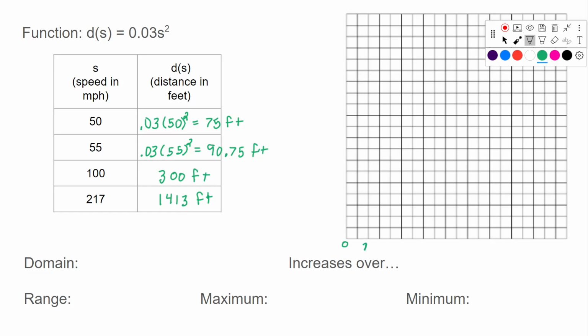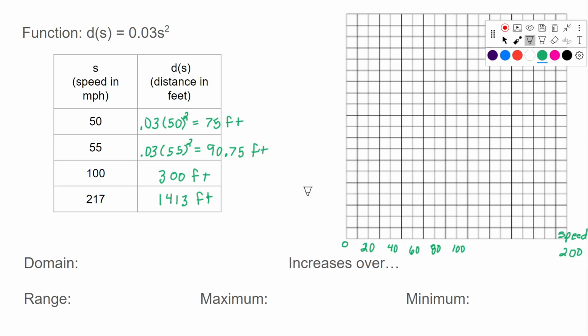Then we have 20, 40, 60, 80, 100, 120, 140, 160, 180, and at the very end here is going to be 200. So this is speed. That was our input in our table.